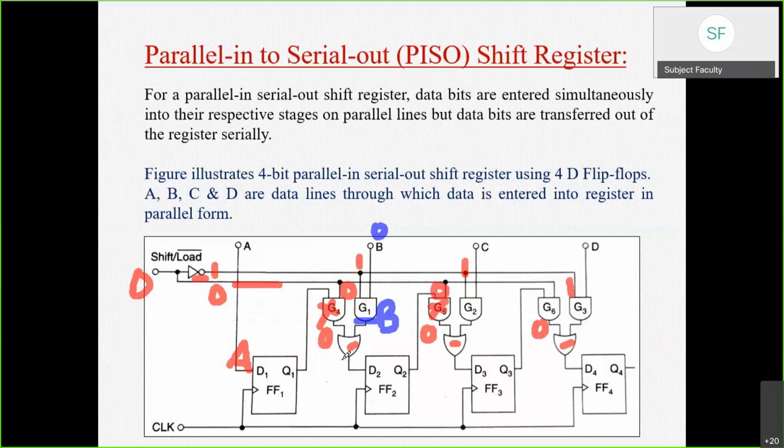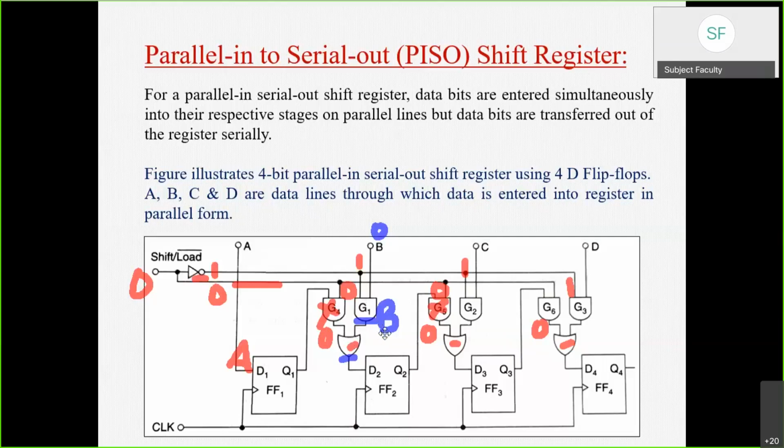Now if you observe this OR gate, one of the inputs to the OR gate is 0 and the other input is B. If you take the value of B as 0, then the output of this OR gate will be 0, because both inputs are 0.